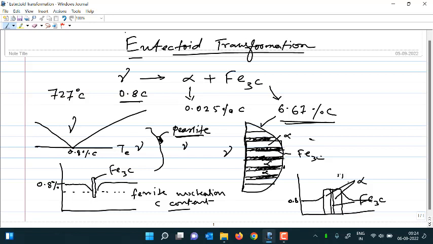It needs only 0.025% carbon. Rest will all be rejected around it. So, there will be a buildup of carbon content adjacent to the ferrite lamella which is growing. So, that carbon would be utilized to grow another cementite lamellae.